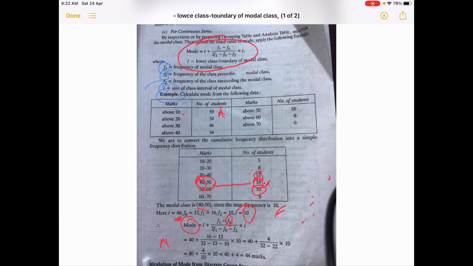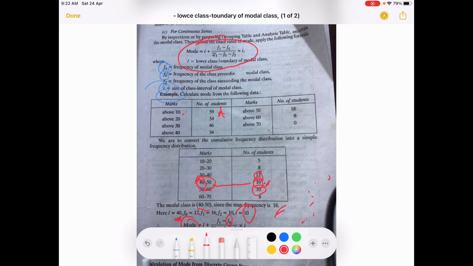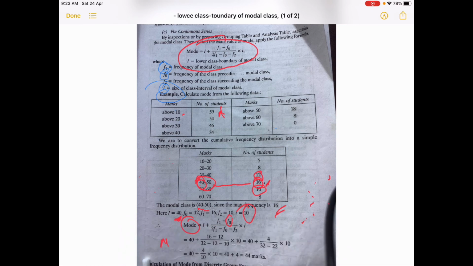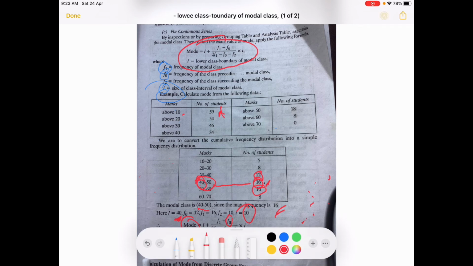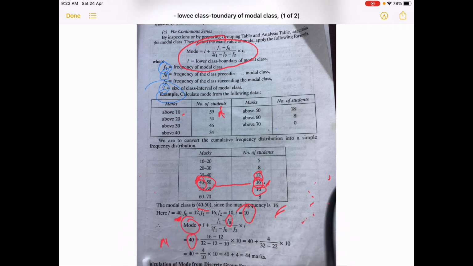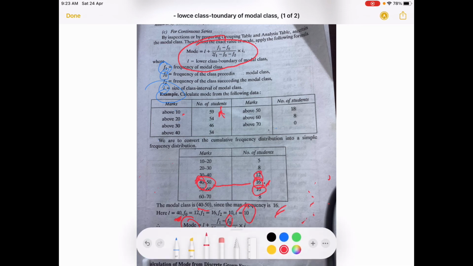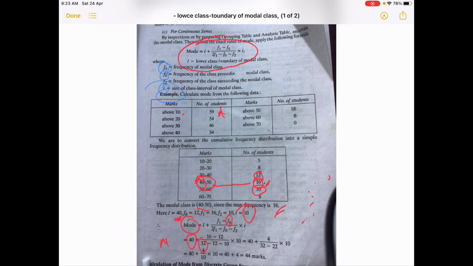Mode is equal to L1, which is 40, plus f1 minus f0 divided by 2 into f1 minus f0 minus f2. f1 is the modal class frequency 16, f0 is 12, as you can see here. So 2 into 16 is 32, minus f0 which is 12, minus f2 which is 10.